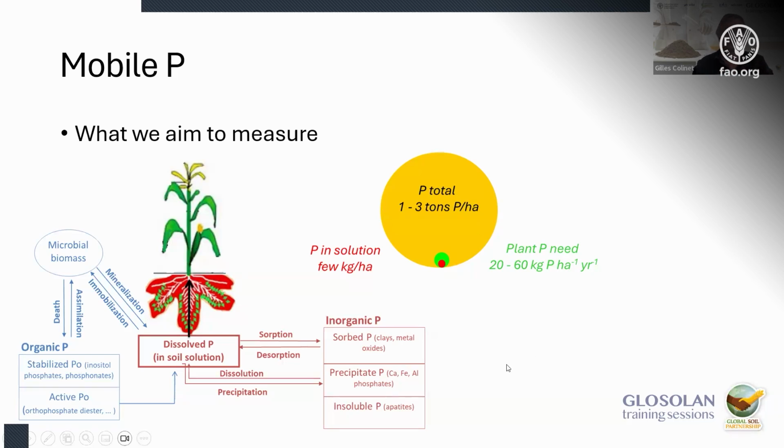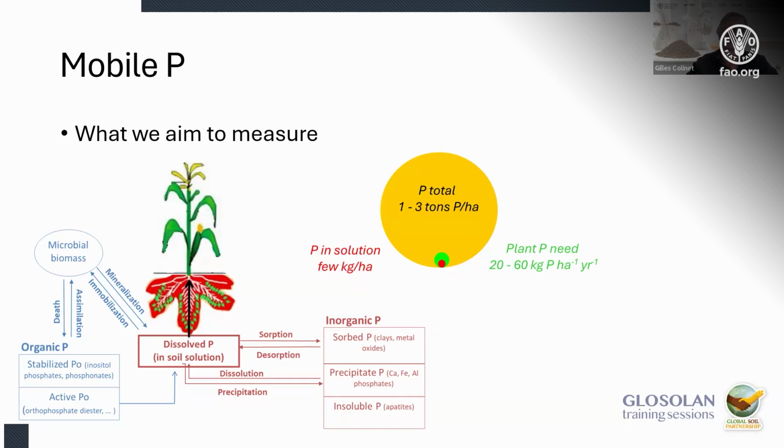The proportion of the two is very variable. Sometimes you can have 70% of inorganic and 30% of organic, and other times you will have the reverse balance: 70% of organic and 30% of inorganic. Of course, it depends on the context.